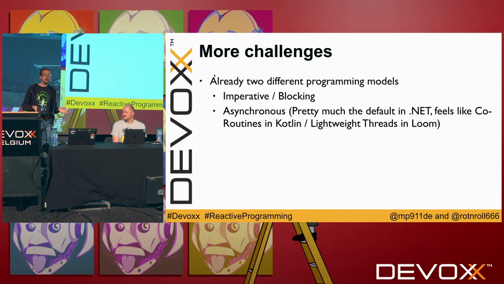So it's not enough challenges. We already have two APIs on each of those drivers. One is the standard imperative blocking API, friendly, everybody knows how to deal with blocking, you just write it down and you're happy. But then we also have an asynchronous API. In .NET, it's pretty much everything asynchronous. And I just recently learned, while learning about our .NET driver, that stuff in .NET looks very similar to coroutines in Kotlin and lightweight threads in Project Loom in some future Java version.